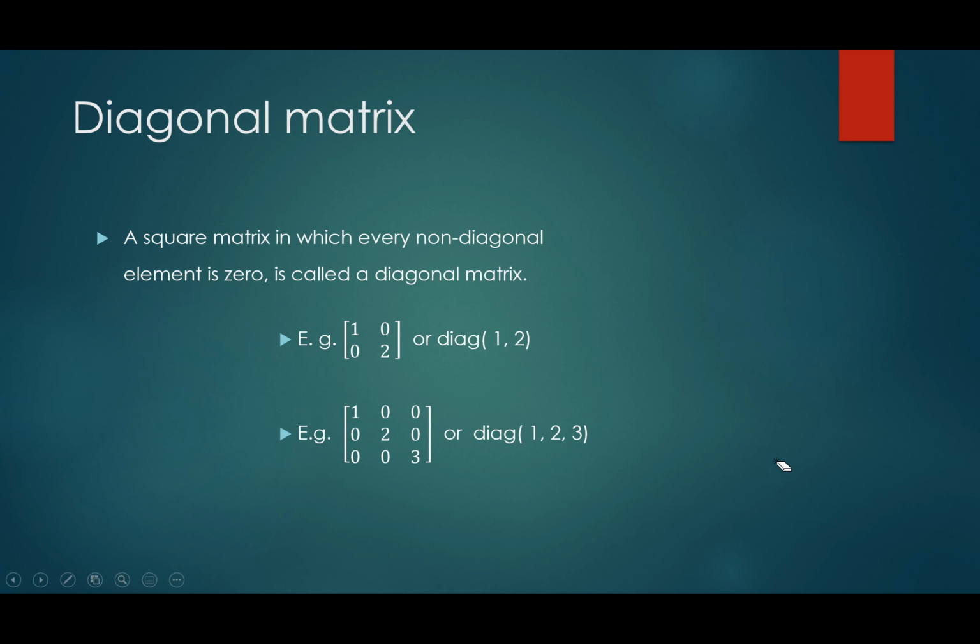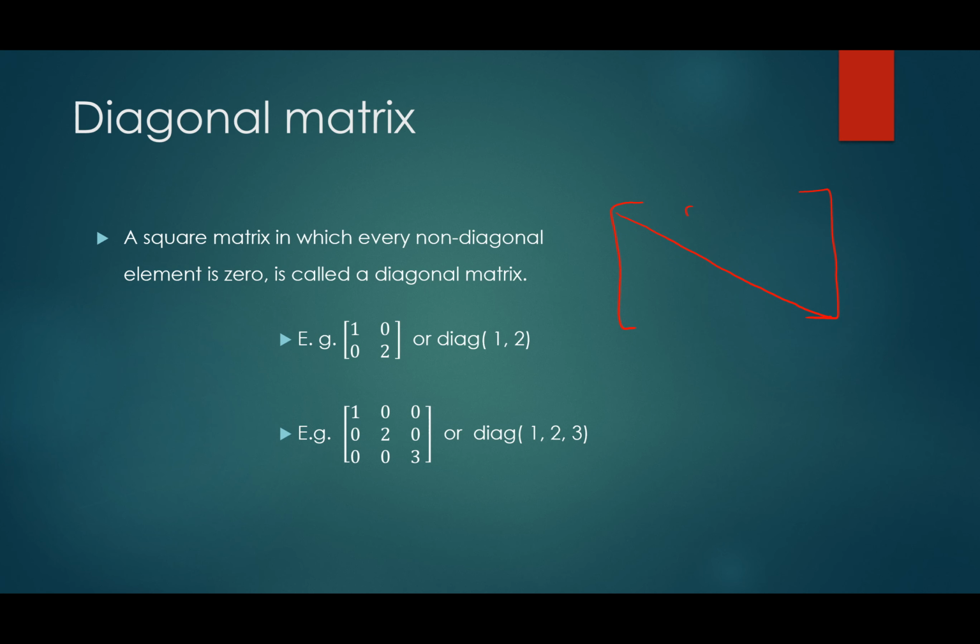Okay, let's move to the next one, diagonal matrix. Remember, these are specific matrices which are classified on the basis of elements only. From now onwards, whatever matrix we have is a square matrix. Listen here. This is a square matrix, this is the diagonal, so those elements which are on the diagonal are called diagonal elements, and those elements which are not on the diagonal are called non-diagonal elements.